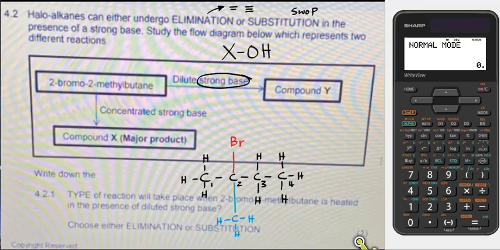Understand? Because when you do acids and bases, you know it must be OH. So one of them can be HOH, which is water.